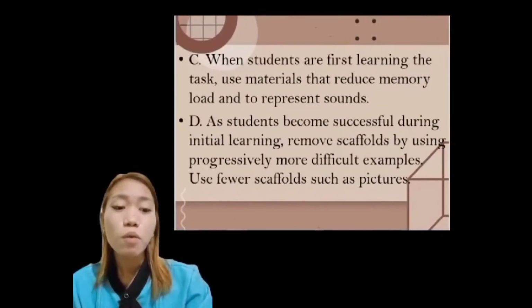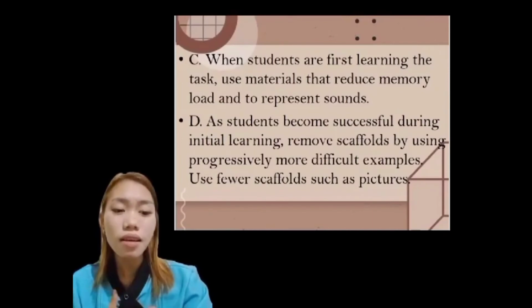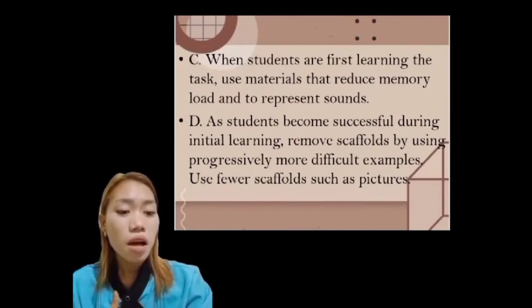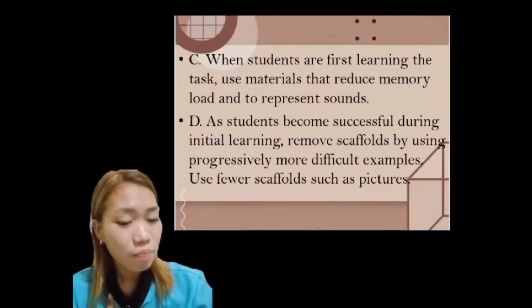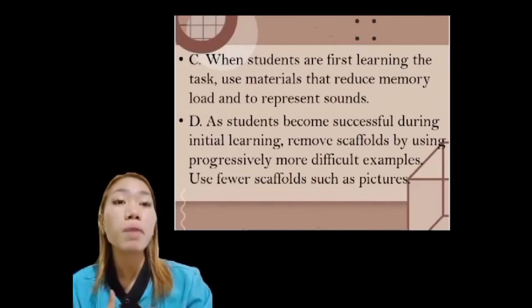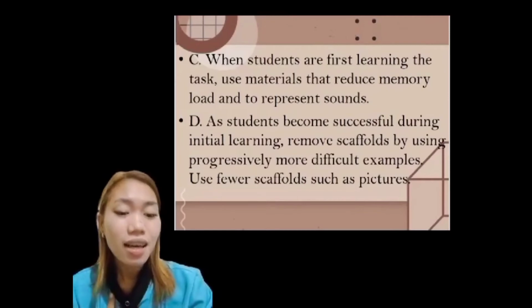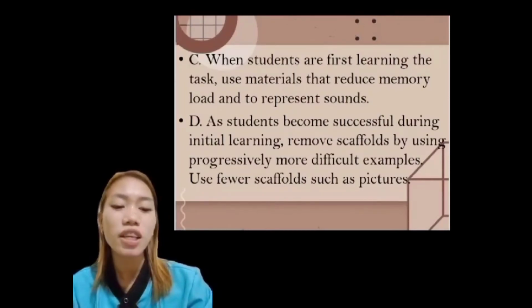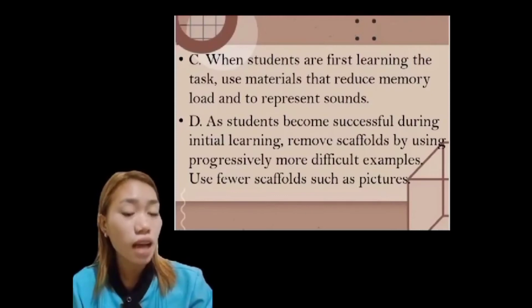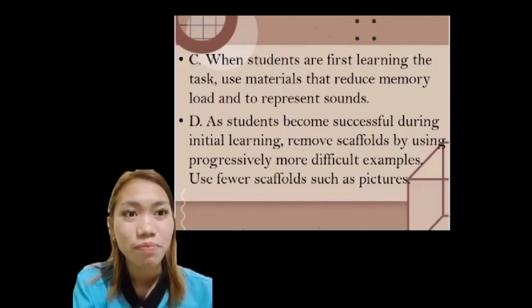Letter C, when students are first learning the task, use materials that reduce memory load. Letter D, as a student becomes successful during initial learning, remove scaffolds by using progressively more difficult examples.